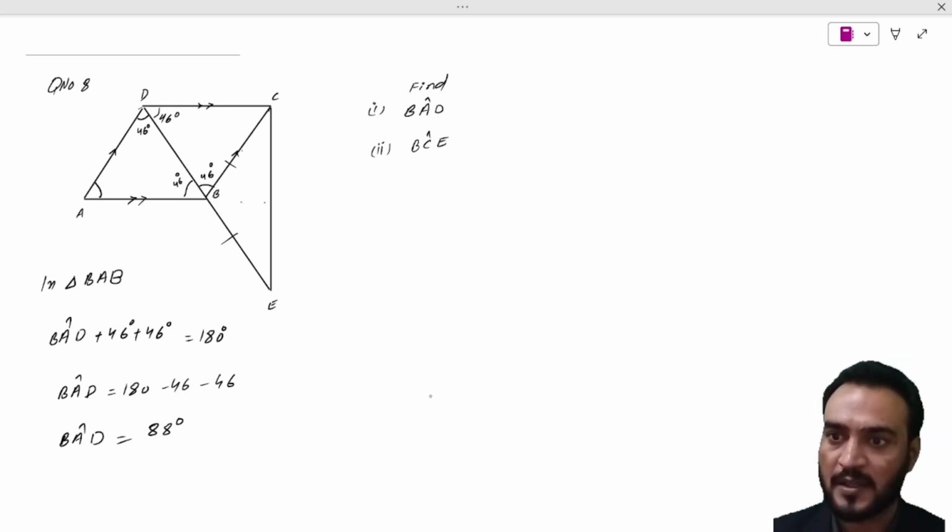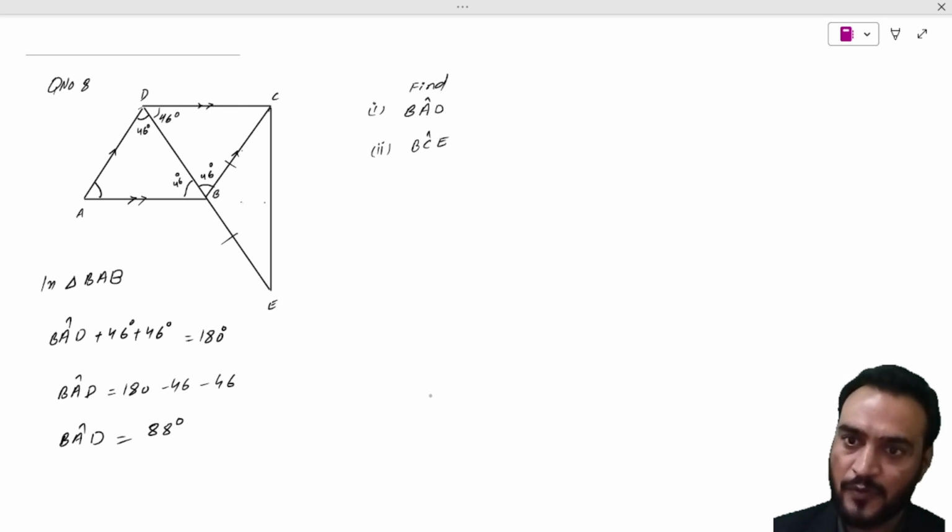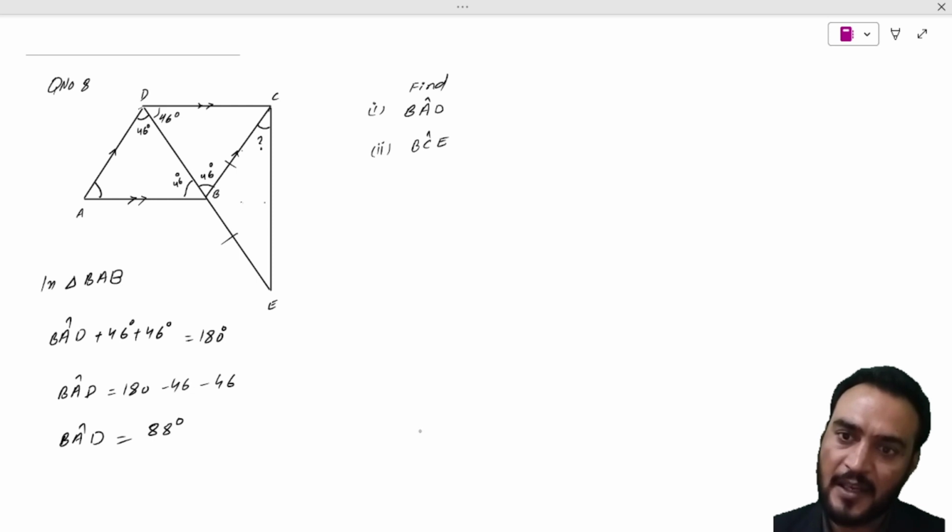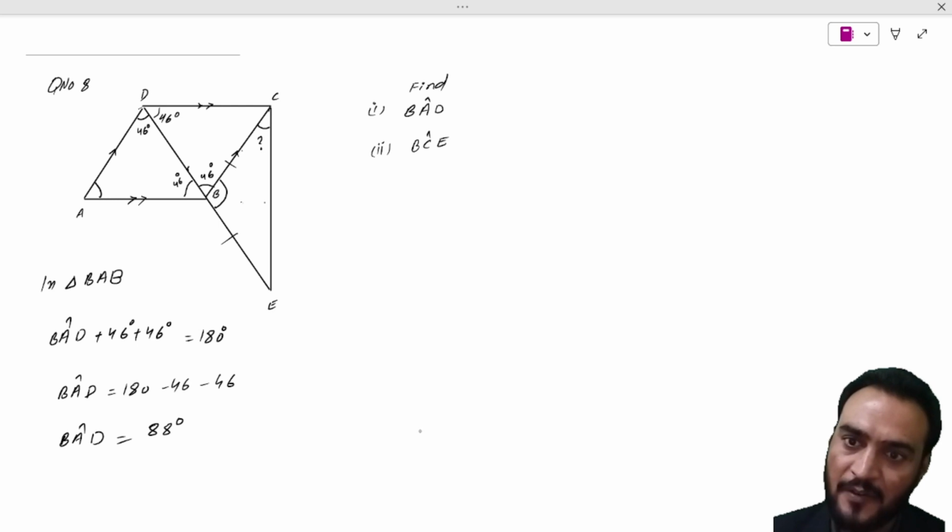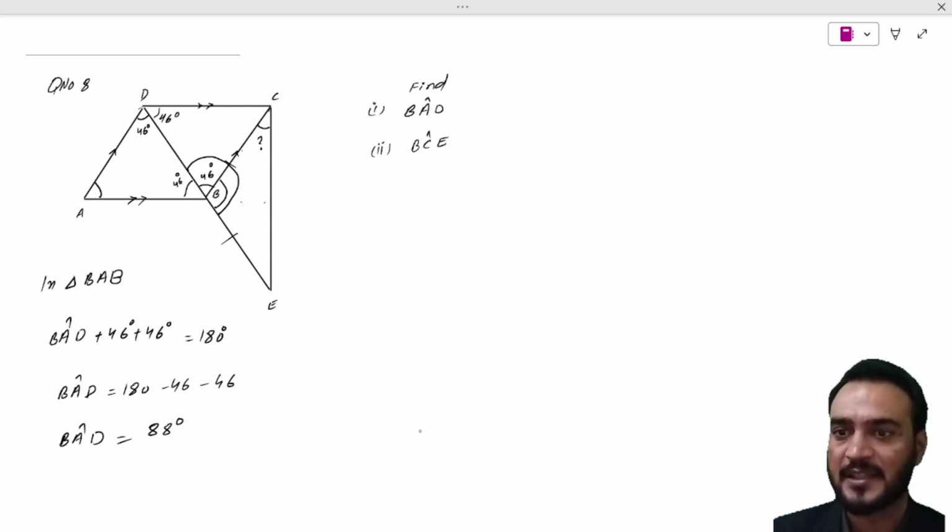Now we will solve part 2, and part 2 is angle BCE. We need to find this angle. To find this angle, we first need to find this other angle. As you can see, DBE is a straight line. So the angle of 46 degrees and the angle at point B, their sum is equal to 180 degrees because this angle lies on a straight line.